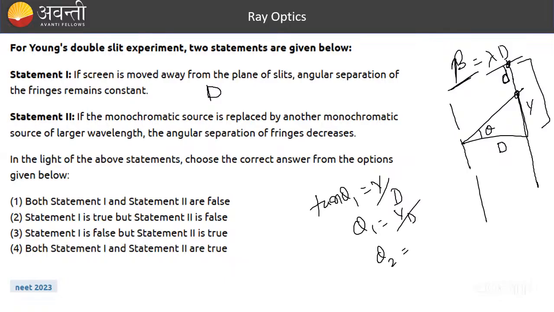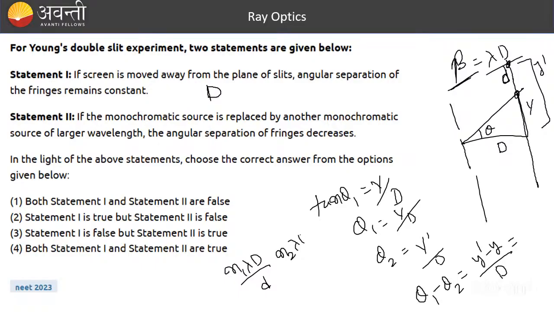That is equal to y dash by D. And what will be the angular separation? Theta 1 minus theta 2. So this is your y dash minus y by D. And what will y dash minus y be? Lambda D by d. You will do it like this. I mean one will be n1 lambda D by d, the other will be n2 lambda D by d.